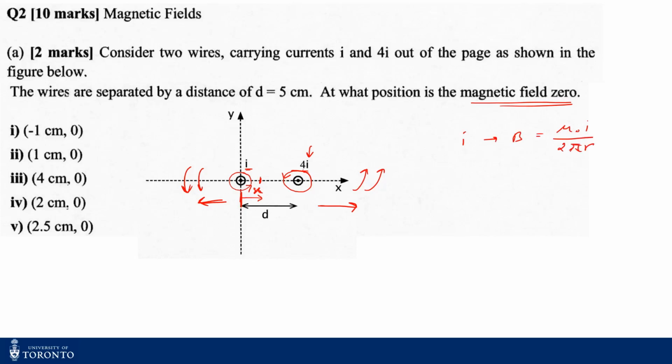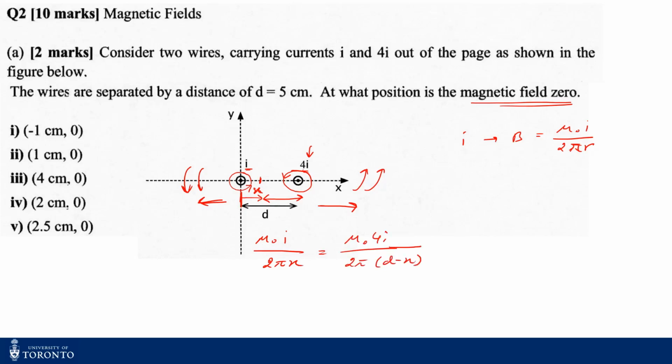So considering from the origin a distance x, the magnetic field for the current I is mu naught I by 2 pi x, right? And for the 4I, the distance is d minus x, so it's mu naught 4I by 2 pi (d minus x). Now these have to be equal, to cancel out, right?